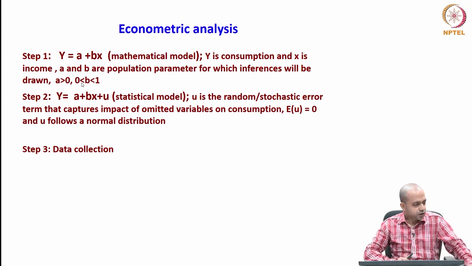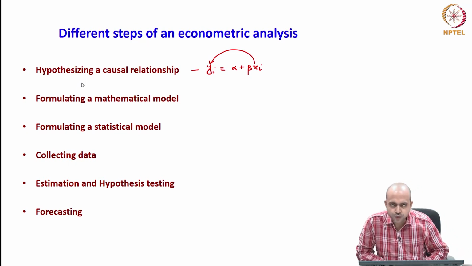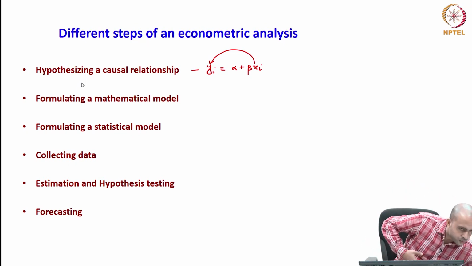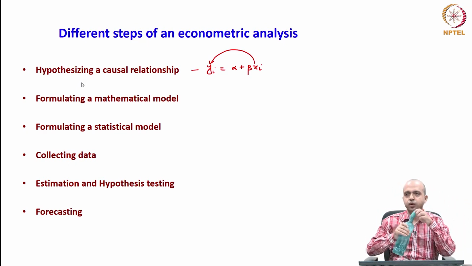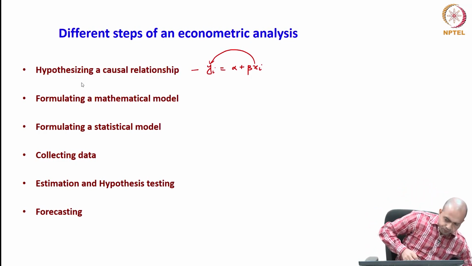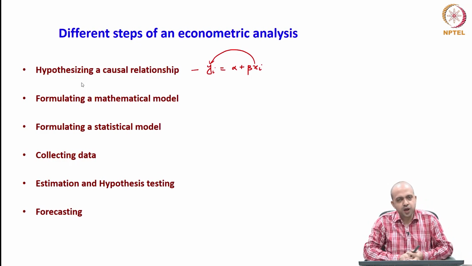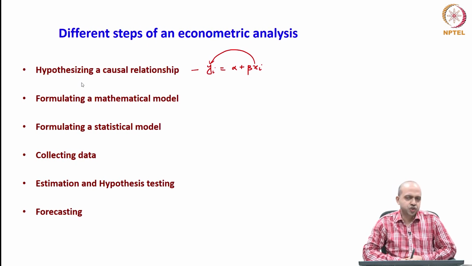Then what is the next step? Next step, after formulating the mathematical model, we need to convert that mathematical model into a statistical one. Okay? Why is this so? Because the mathematical model, this y equals alpha plus beta x_i, is kind of an exact relationship between income and consumption.